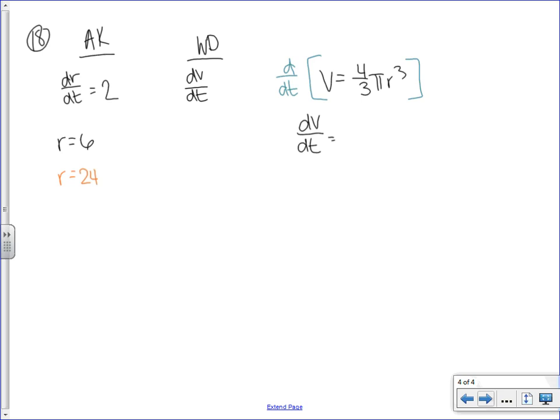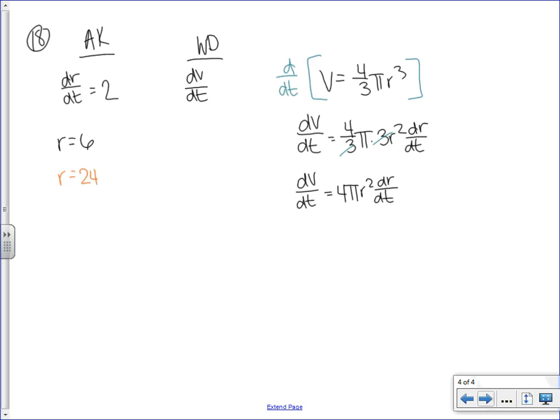Now 4/3 and pi are constants, so those stay. And then the derivative of r cubed is 3r squared dr/dt. What's nice is that this 3 and this 3 will cancel. Always look to simplify, it's going to make your life easier. And so then we're left with 4 pi r squared dr/dt.